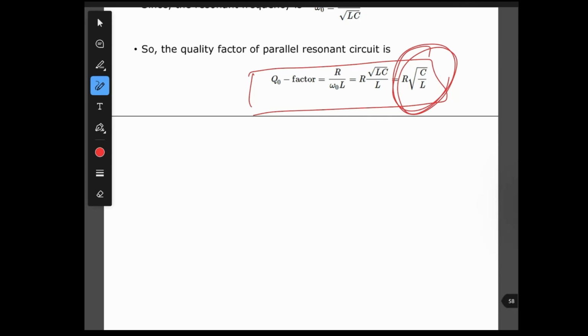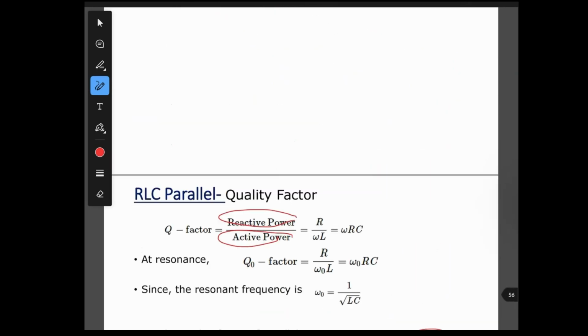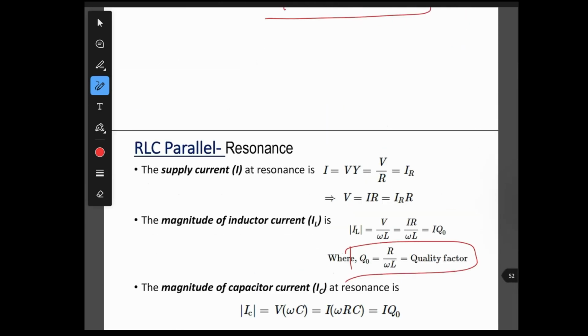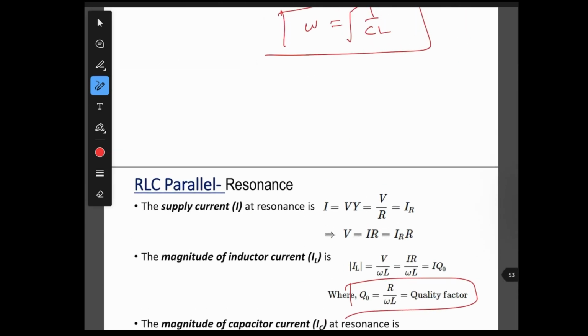For the quiz, I think you just study this slide and last week's slide, the series and parallel circuits. So the quiz is RLC parallel and series, right? Yes, yes.